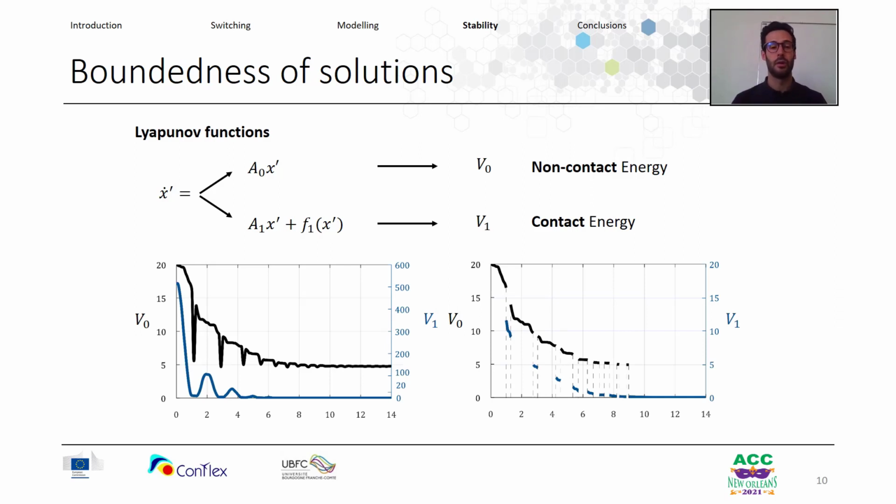In the left picture, we can see the Lyapunov functional in the whole time interval, while in the right picture we can see the simulation of our Lyapunov functionals only in their activation time, and we can appreciate that these Lyapunov functionals are non-increasing along the system solution in their activation time, and moreover that they fulfill the switching condition such that we can possibly use the bounded solution theorem that we presented in the first part of the presentation.